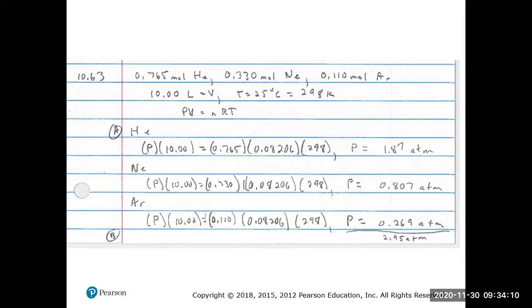So once again, as we've done with some previous calculations, we need to identify which formula is the one that we want to use. A lot of times we can figure that out by just seeing what variables we were given. In this case, we were given moles, temperature, and volume.